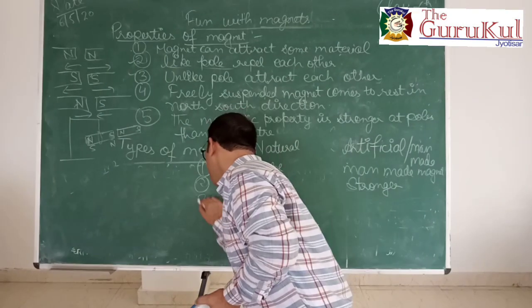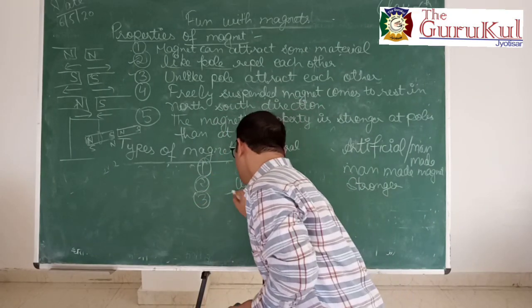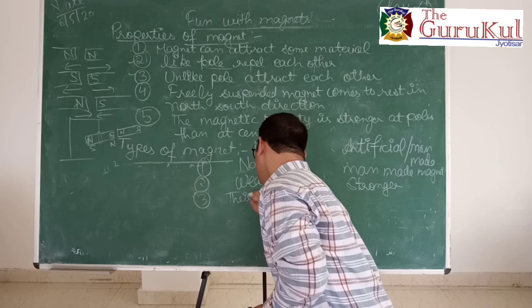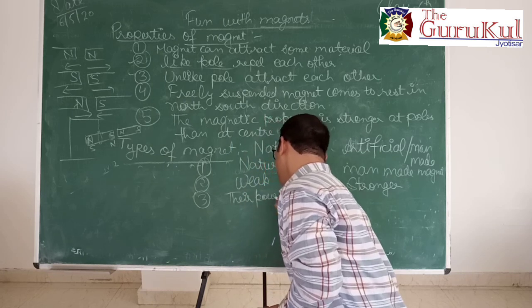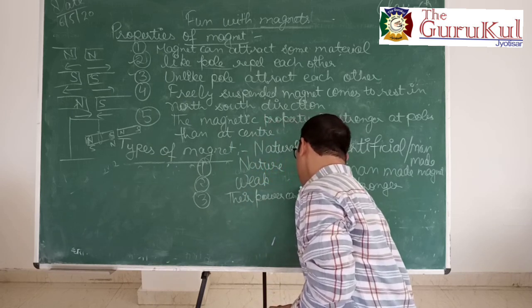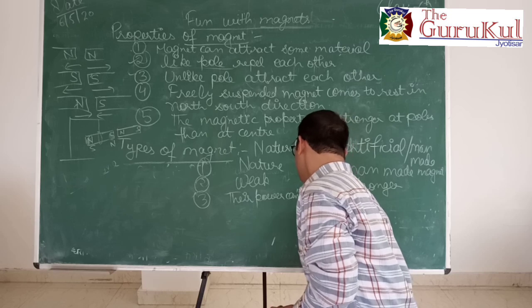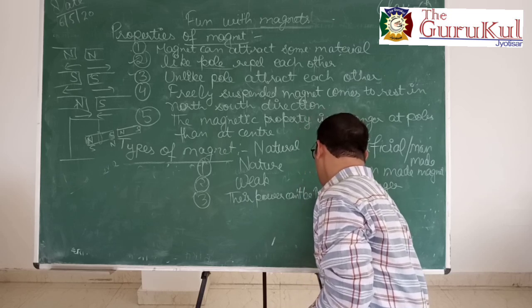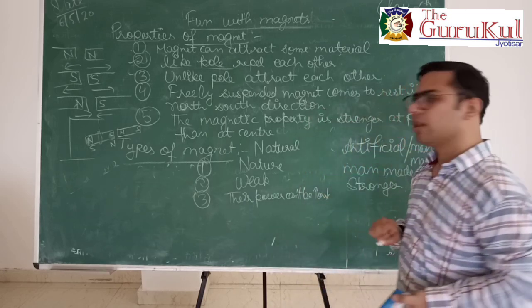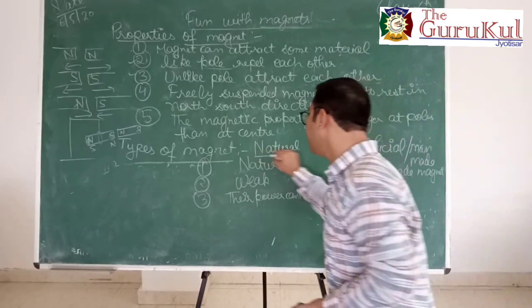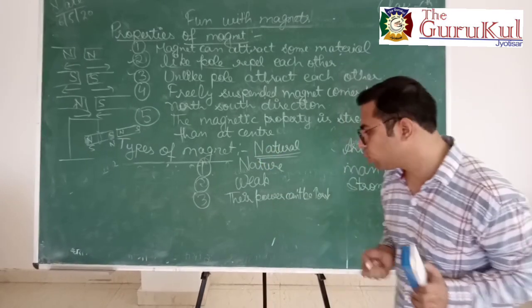Now third point, their power can't be increased or decreased. That means you cannot adjust the power of a natural magnet.